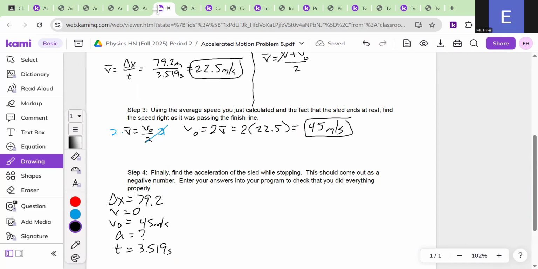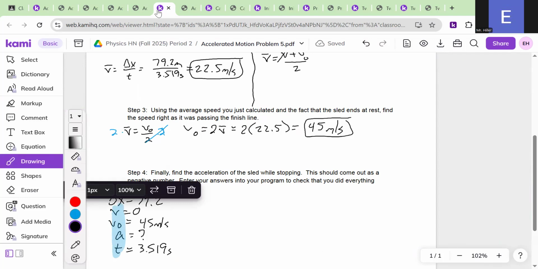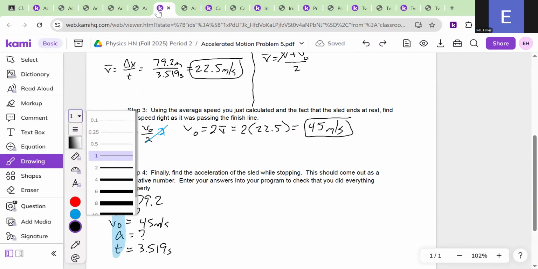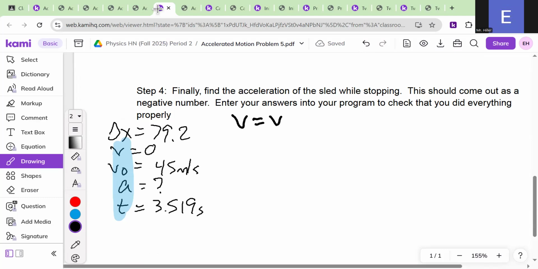Now, I could choose any group of equations I want, any one that has acceleration. Equations 8, 9, or 10 all have acceleration. I like to use equation 8 because it's simple. So I'm going to group those variables together. That gives me the equation V equals V naught plus AT. V is 0.